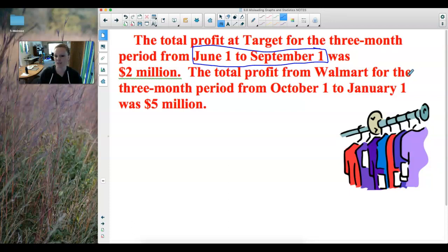Okay, June to September, I don't know, there's not a whole lot happening in there except for back to school shopping. But from October to January, there's some big things happening, right? Christmas falls in that time, Black Friday shopping. So I think any store is going to have greater profits from October to January than from June to September. So if we're going to compare companies, we need to be looking at the same exact time period.